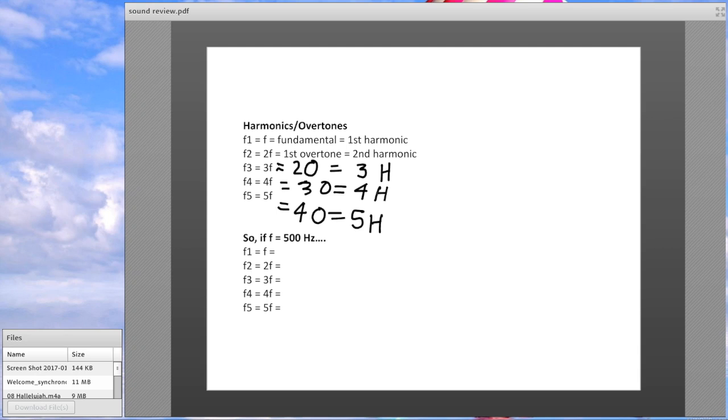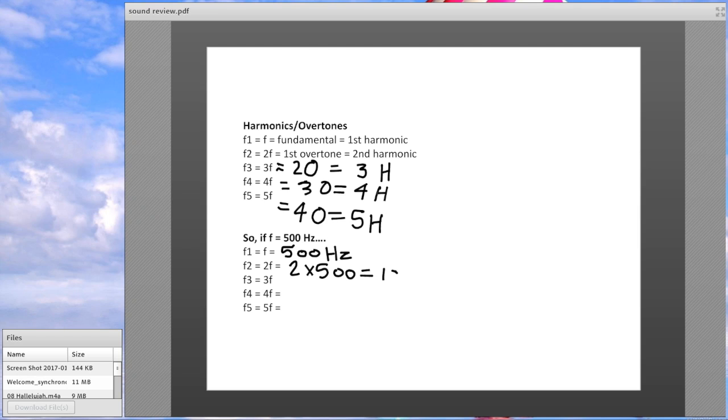So if your F is 500 hertz, then F1 is 500. Then F2 is 2 times F, so we've got 2 times 500.